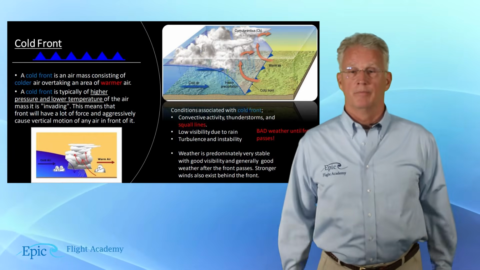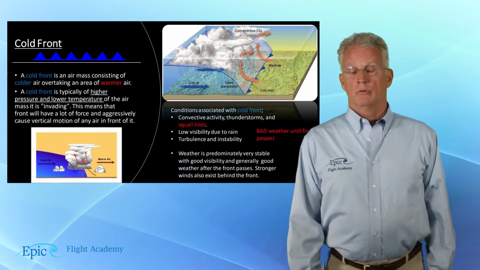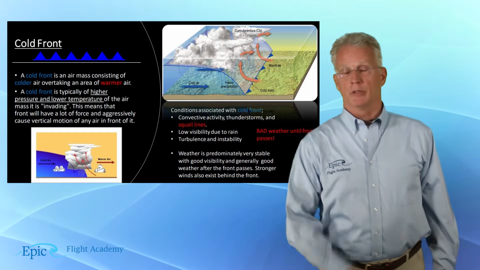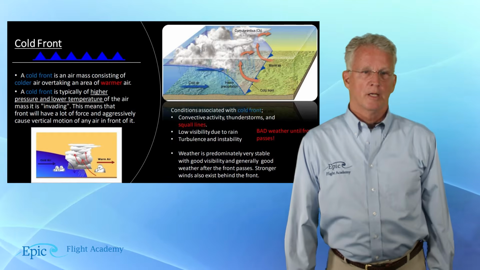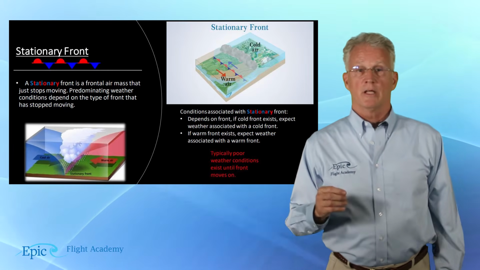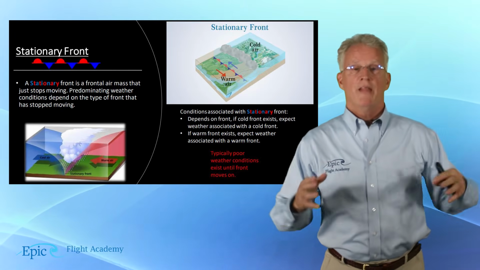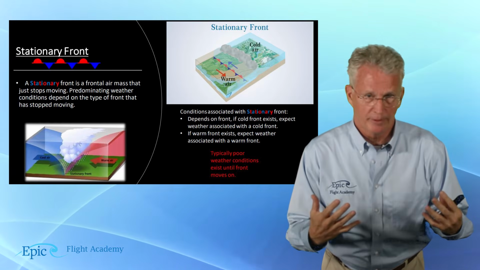Convective activity, thunderstorms, squall lines, low visibility due to localized heavy rains, turbulence, and instability. The next type of front is a stationary front. Now, a stationary front is a frontal air mass, warm or cold, that simply just runs out of energy and stops moving.